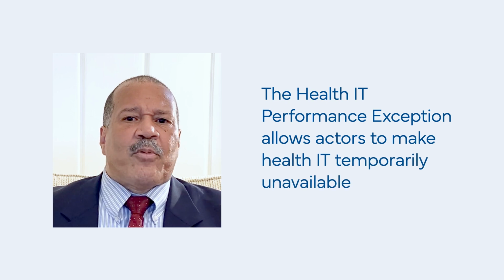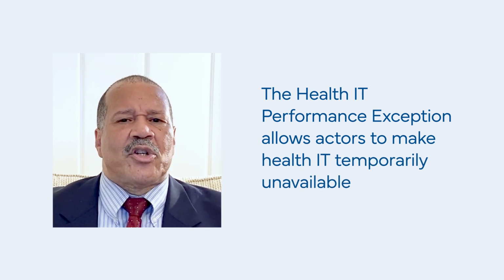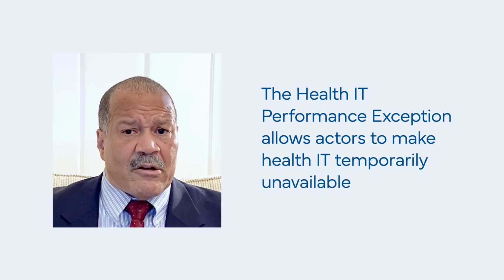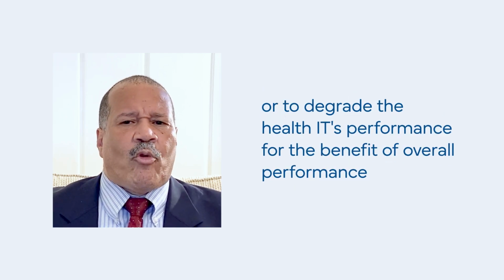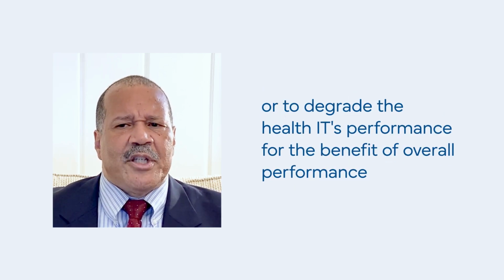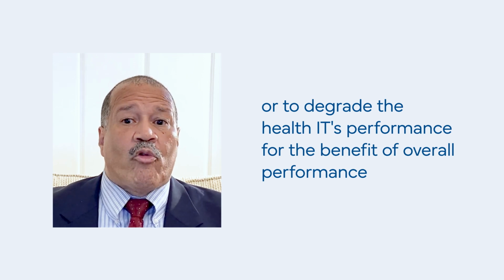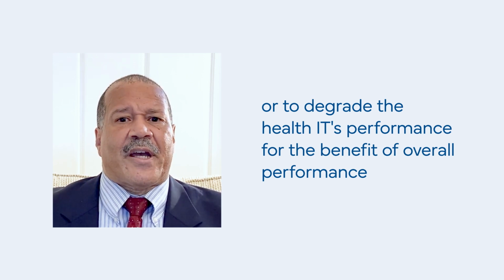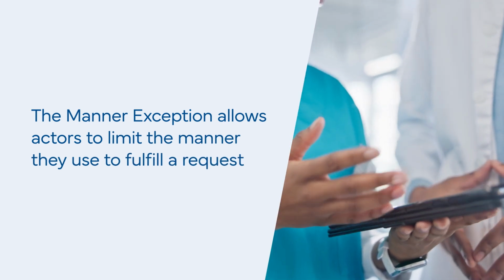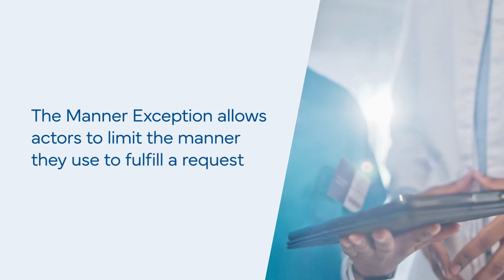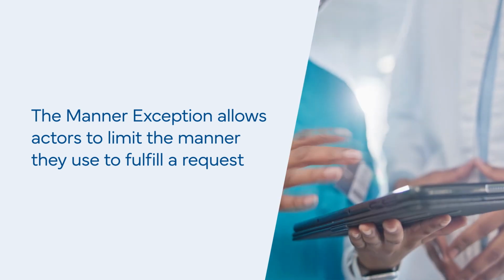The Health IT performance exception allows actors to make Health IT temporarily unavailable or to degrade Health IT's performance if doing so is reasonable and necessary for the overall performance of the Health IT. The manner exception allows actors to limit the manner they use when fulfilling a request to access, exchange, or use EHI.